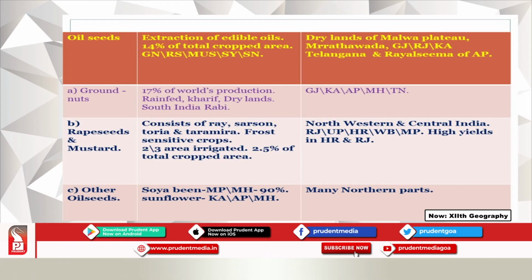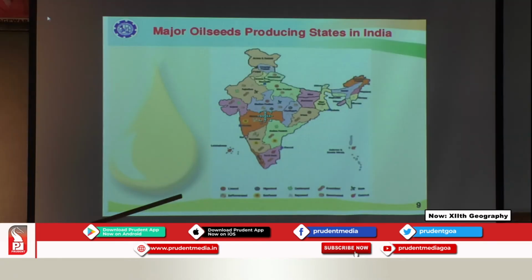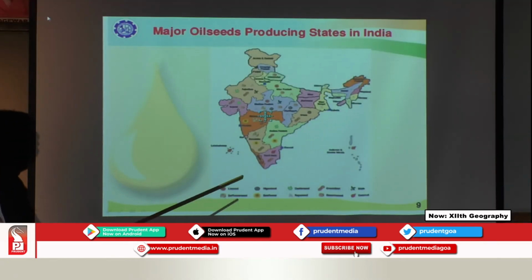Next one is sunflower. Karnataka, Andhra Pradesh and Maharashtra have major share in production and cultivation of sunflower and sunflower edible oil. You can see here in this map the cultivation of different oil seeds.